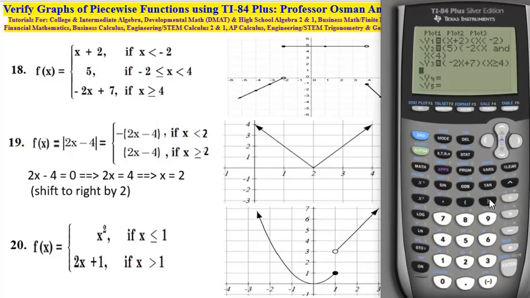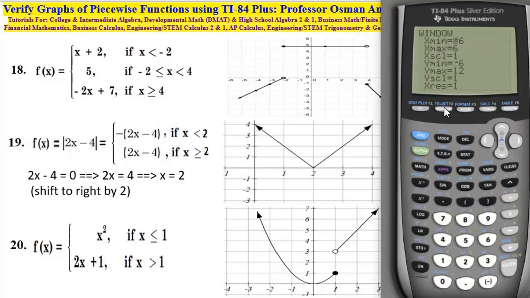Okay. Make sure your entries are correct. It is x plus 2 if x is less than minus 2, it is 5 if x is between minus 2 and 4, and it is minus 2x plus 7 if x is greater than or equal to 4. Okay, so we'll adjust the window.